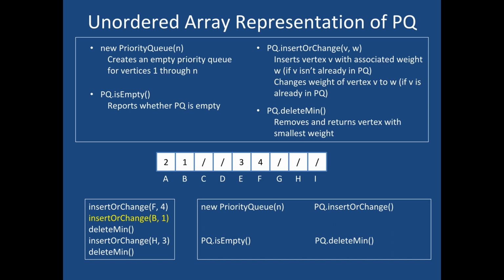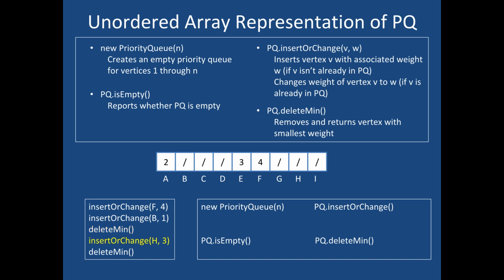Great. Now, what's it going to cost? How do you do a delete min? Right. You have to do a linear search and look for the lowest weight, and you discover it's B with a weight of 1, so you just remove B. What's the cost of that? That's linear. So we have constant time insert and update and linear delete min.